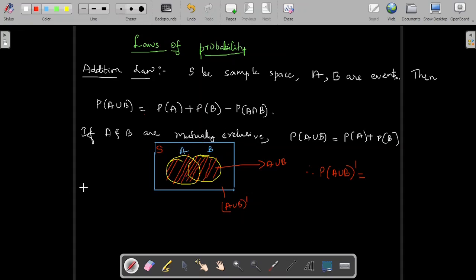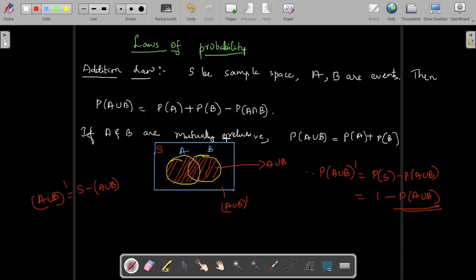So P of A union B whole dash is equal to P of S minus P of A union B, that is equal to P of S, which is always 1 using the axioms of probability, minus P of A union B. So this is how we calculate P of A union B whole dash. Dash means complement, meaning not the given event. A union B means either A or B. Whole dash means neither A nor B.